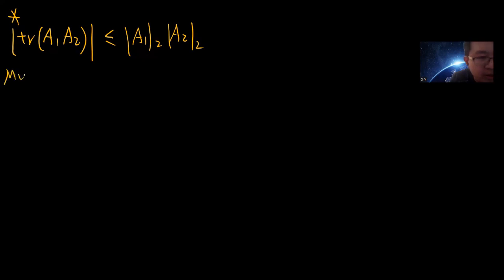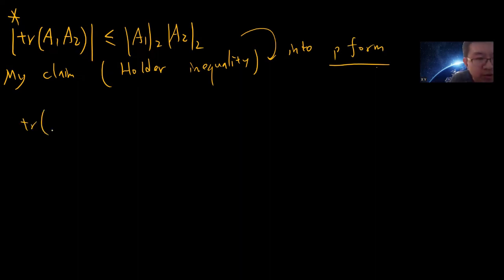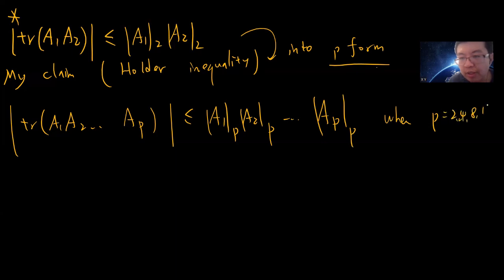My claim is that there is another theorem, basically the Holder inequality, which generalizes this into the P form. It says that the trace of A1 A2 up to AP, if all these are Hermitian matrices, is bounded by the P-norm of A1, the P-norm of A2, up to the P-norm of AP, when P is 2, 4, 8, 16.